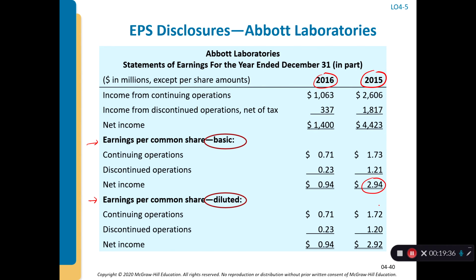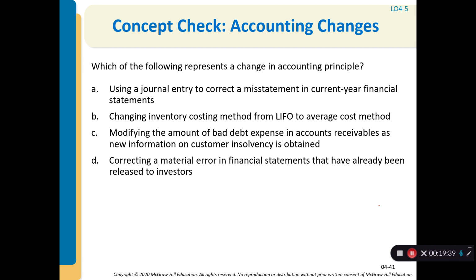Okay, so let's look at the concept check. Which of the following represents a change in accounting principle? A, using a journal entry to correct the misstatement. That's not an accounting principle change, that's an error, right? B, changing the inventory costing method from LIFO to average cost. Yes, exactly.